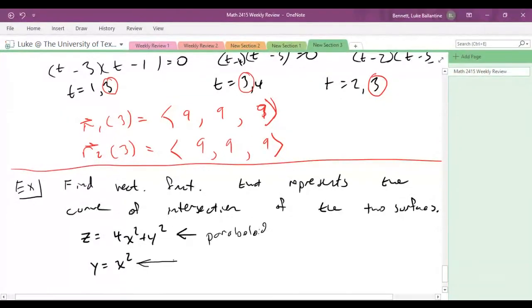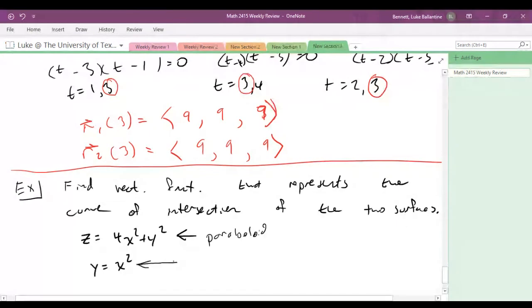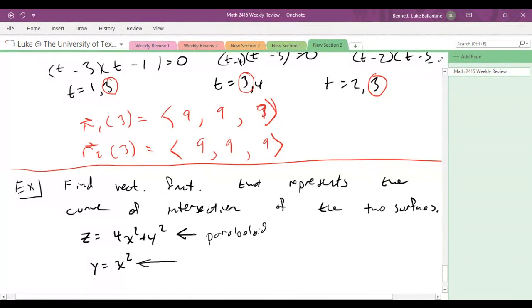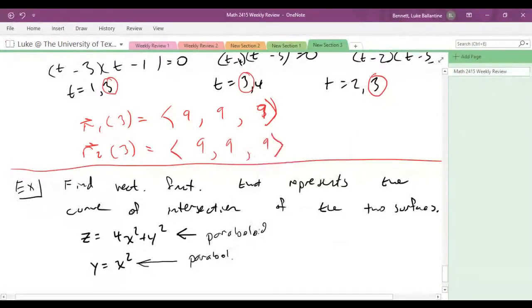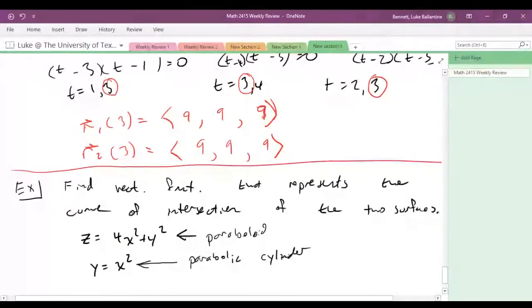What surface is this? It is actually a cylinder. It's a parabolic cylinder. A parabola is a curve. I asked what surface. A parabolic cylinder. Okay.